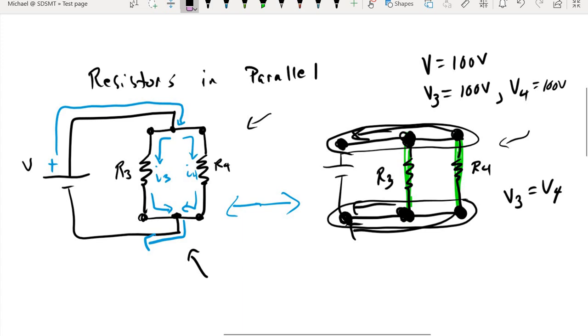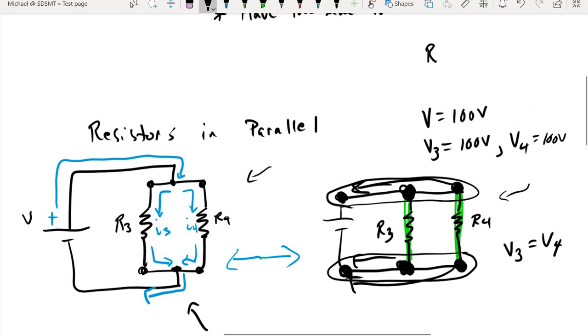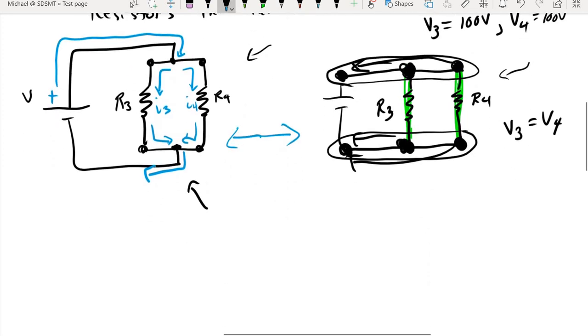Now, because of that, because we lucked out and we got the values for the potentials, if I put in some resistor values, say 300 ohms and 400 ohms, I automatically get the values of the currents that are going to run through each of those resistors, because Ohm's law says the potential across resistor 3 has to equal the current through resistor 3 times resistor 3.